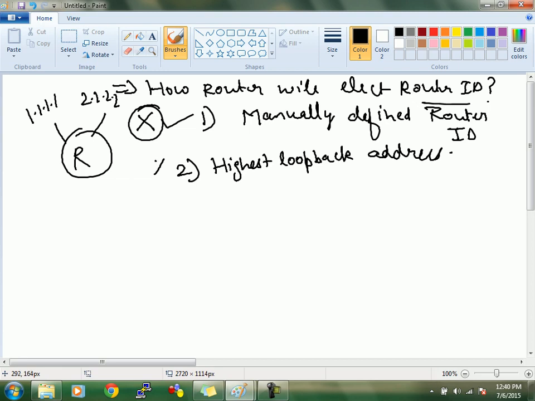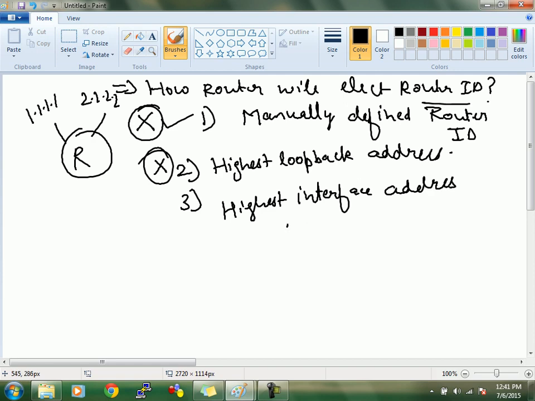If I have not defined loopbacks also, then preference will be given to the third point, the highest active interface IP. Read the third point. It means the interface which is down can never become the router ID.